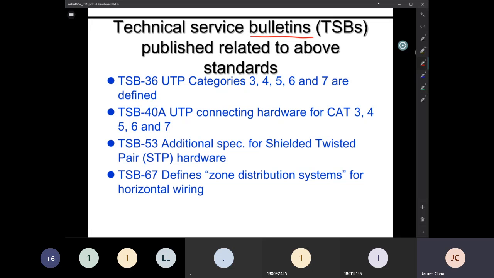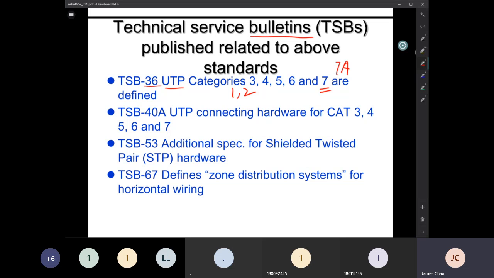For example, TSB36 is about UTP. UTP means unshielded twisted pair categories. Normally they start from category 1, category 2, up to category 7, and I remember we have 7A now. They have different bandwidth, different length, and different requirements.